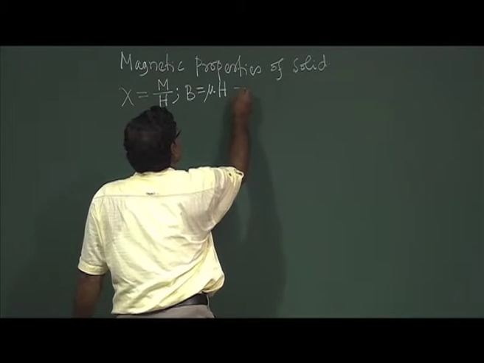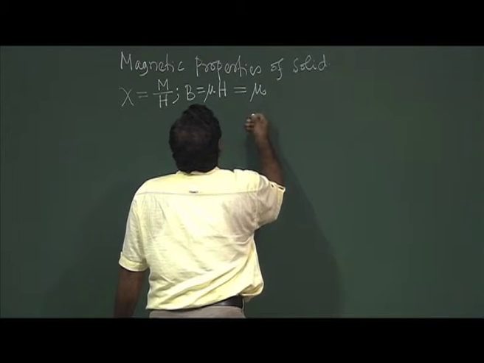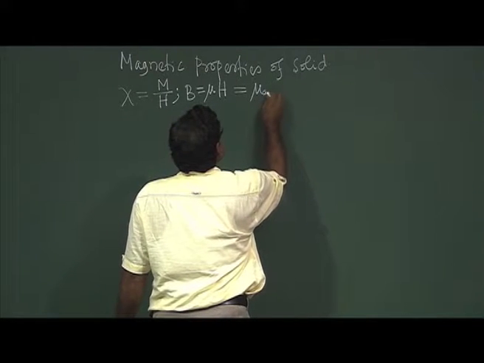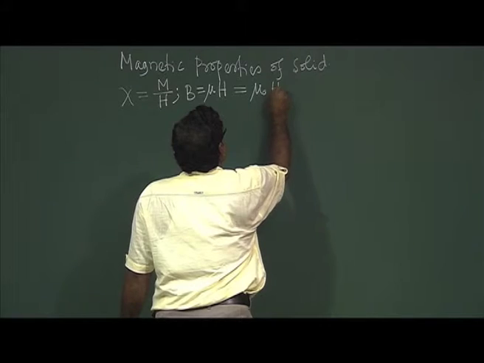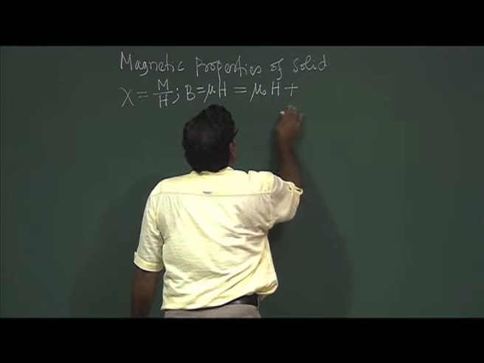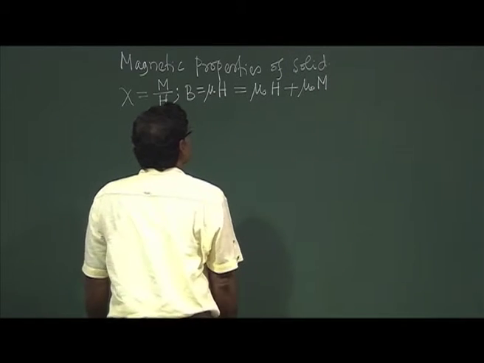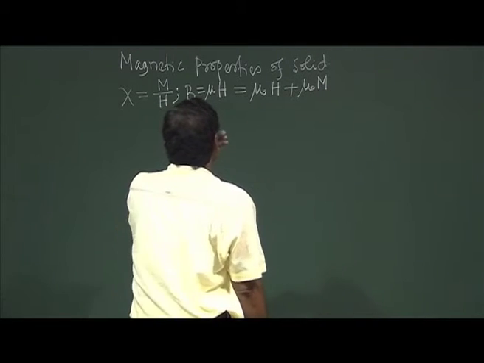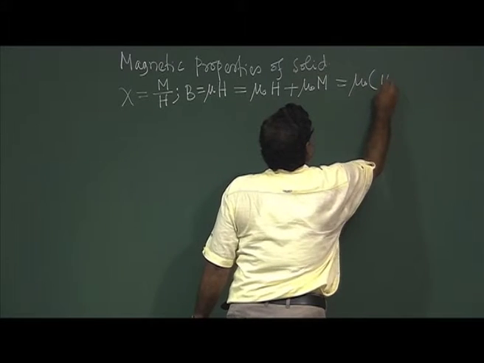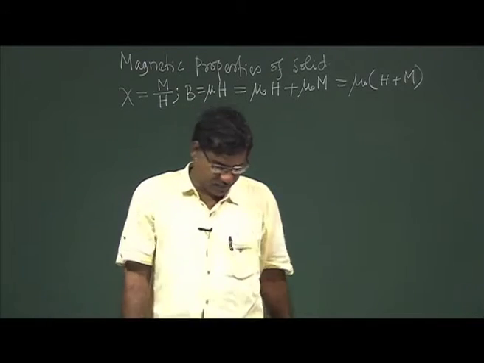It has two contributions basically: one is mu 0 H, plus mu 0 M. Together it gives mu 0 (H plus M). This M also gives a magnetic field.